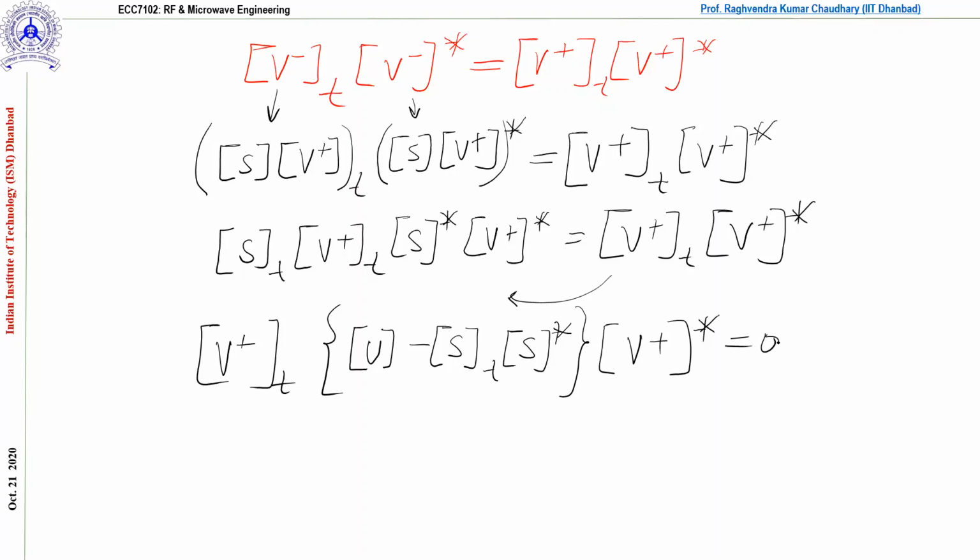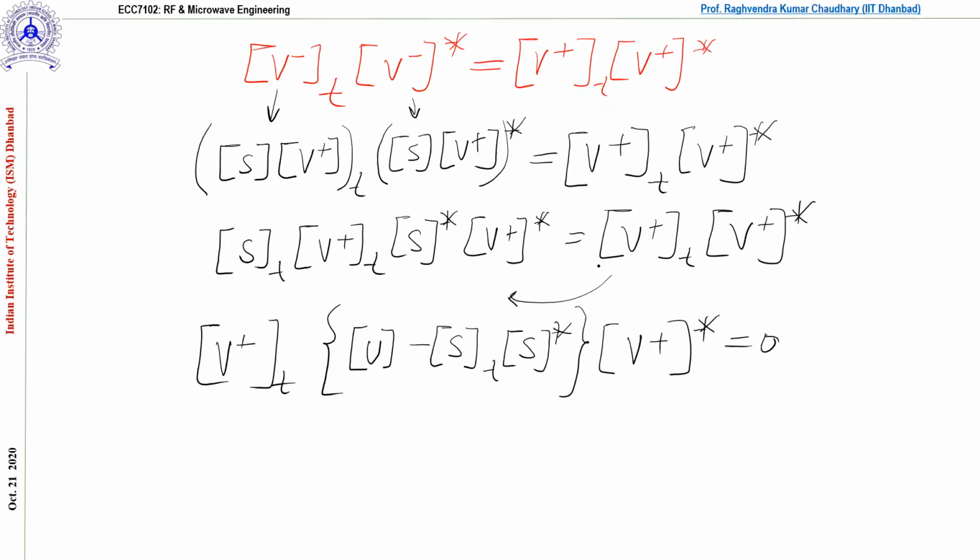Fine. Can we do these things? You just bring these things to the left hand side, correct? So you can take common V plus and V plus star. If you take it common out, this will be 1. Since we are dealing with a matrix, we are supposed to write the unit matrix. So U minus this thing, correct?